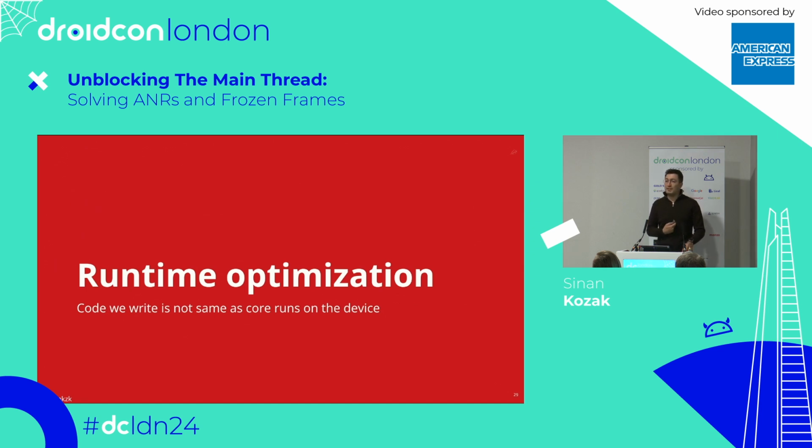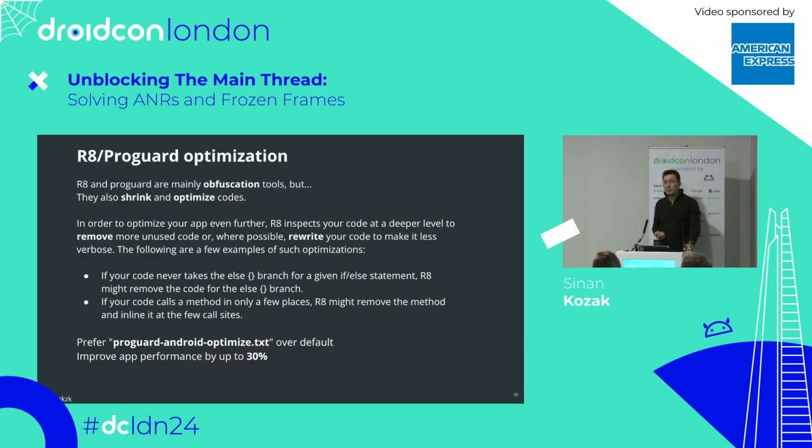And usually the code we write, when it's compiled, is not optimized. There are tools that optimize our code on our behalf, and there was a really nice talk from Romain Guy yesterday, explaining what kind of instruction reduction R8 is doing and what kind of memory optimization they can do.